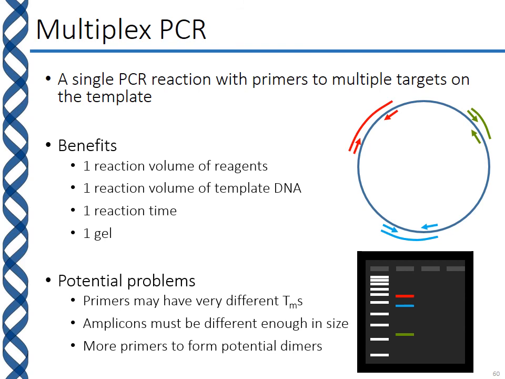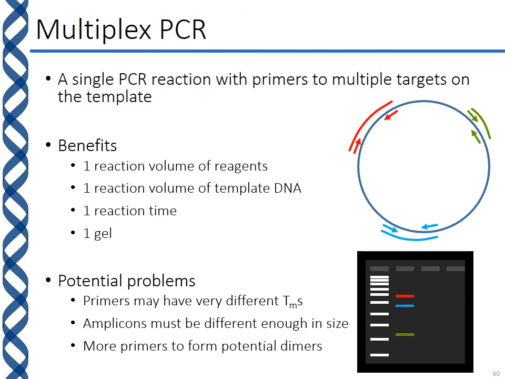The hairpins wouldn't really change because that is it bending in on itself. The self-dimers, again, you'd be looking at other copies of the same primer, but with the cross-dimers, you have much more potential in multiplex PCR to get cross-dimer formation, because now you don't have just a single pair.